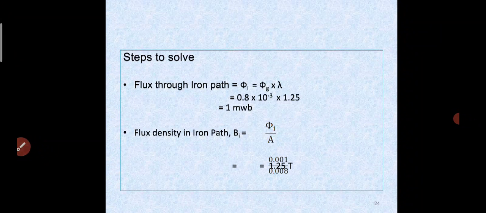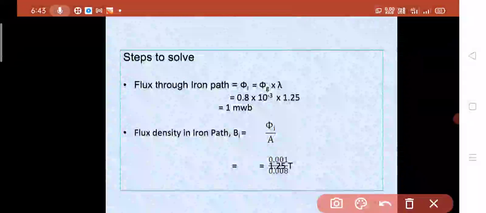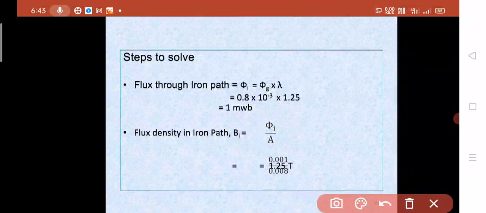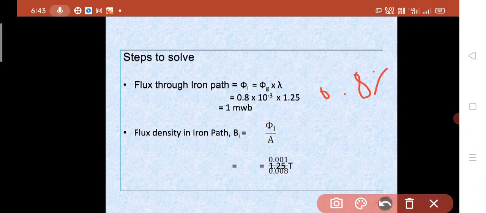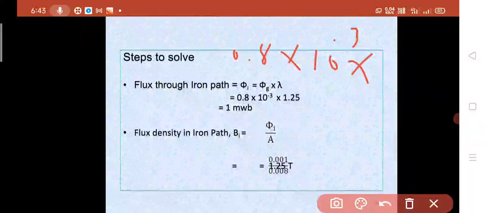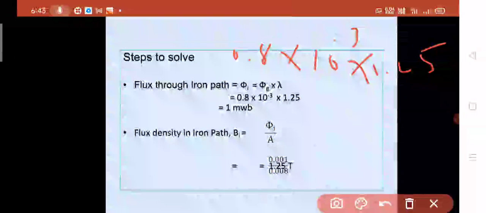Okay, substitute the values. Flux through the iron path phi i is equal to phi g into leakage factor lambda. So 0.8 into 10 to the power of minus 3 into, lambda value is 1.25.